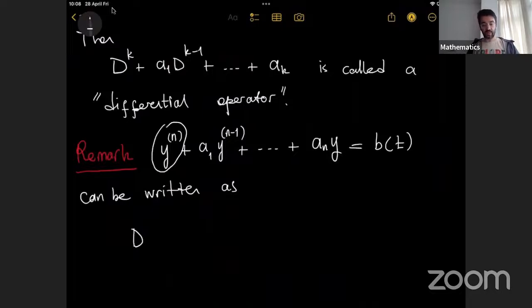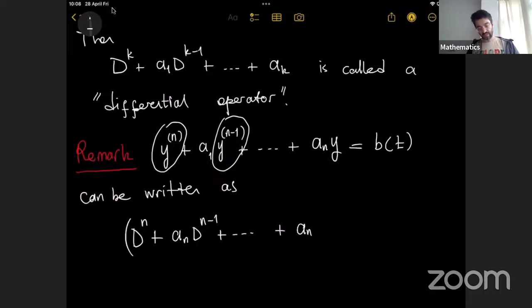That means you apply D to the n, the nth derivative, to y, and then you apply the n minus first derivative times a1, so a1 D to the n minus 1, and you go like this. Finally, you multiply with a_n basically. So you apply this differential operator to y, and you get the right hand side.